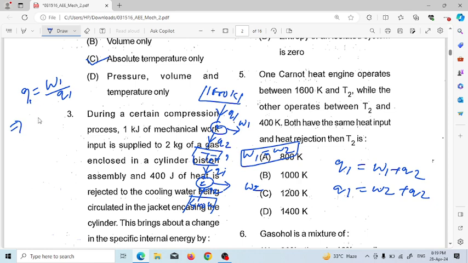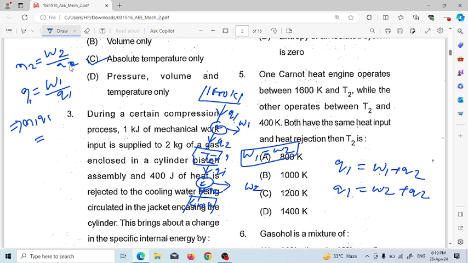So W1 is equal to W2. So let's equate W1 and W2 for the first engine and second engine. So efficiency 1 into Q1 is equal to, for the second engine, efficiency 2 equal to W2 divided by Q2.